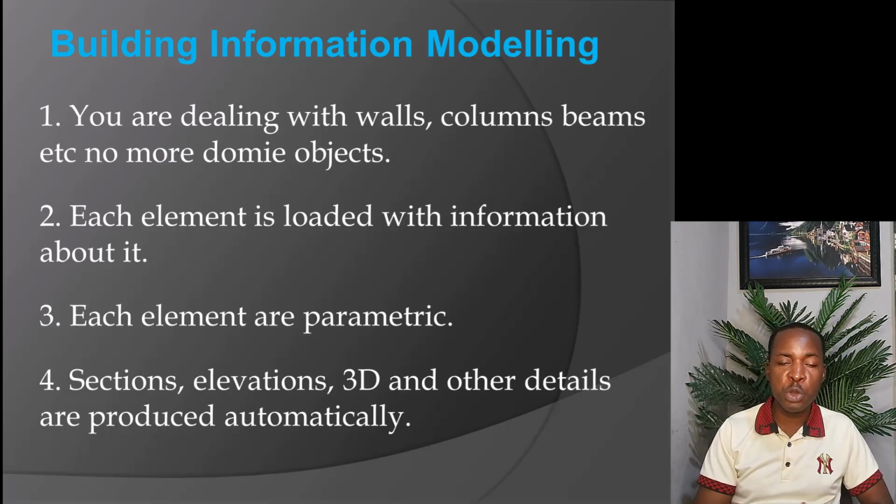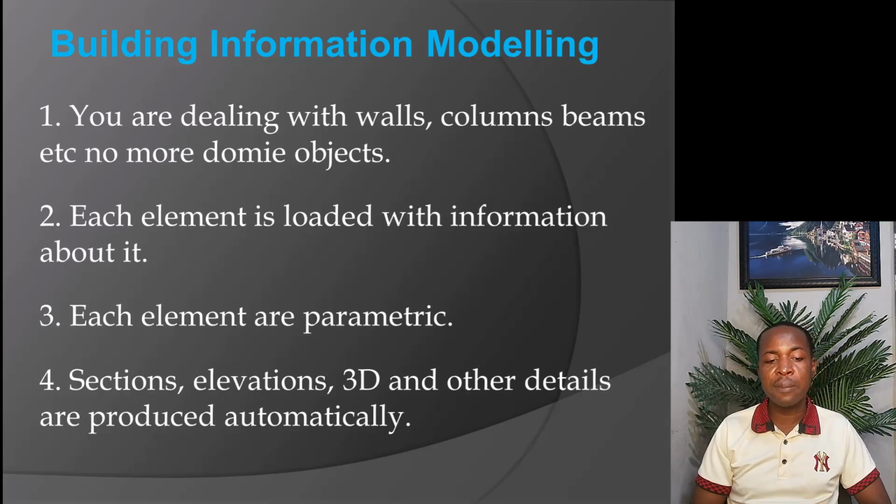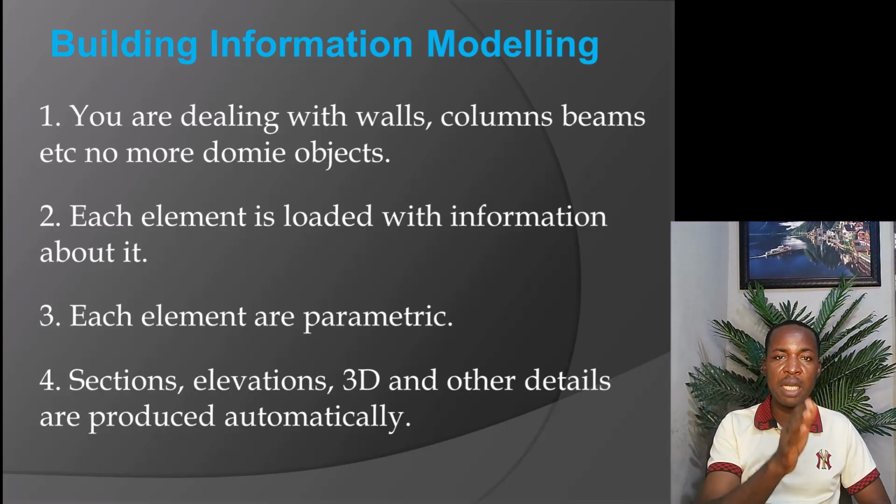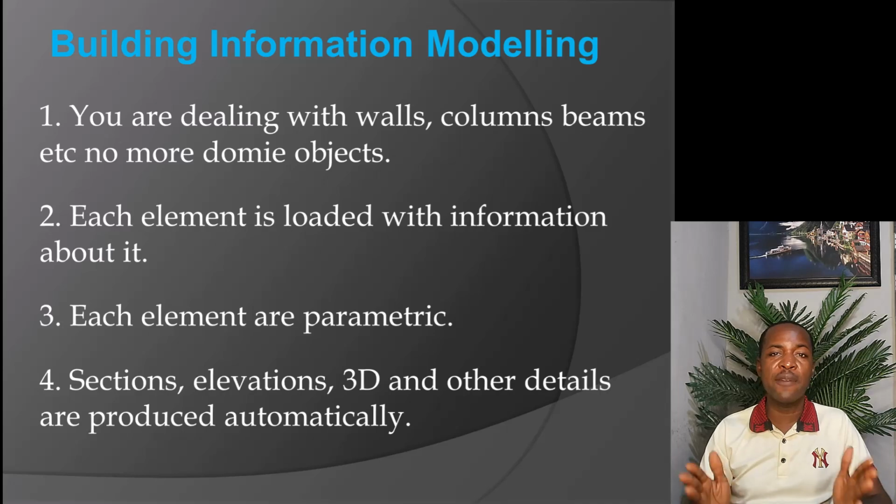Once you produce your floor plan in Revit or in BIM software, the section, the elevation, the 3D and other details are automatically produced. All you need to do is to go to the section where you are supposed to have that particular view and do what you are supposed to do to have the view.